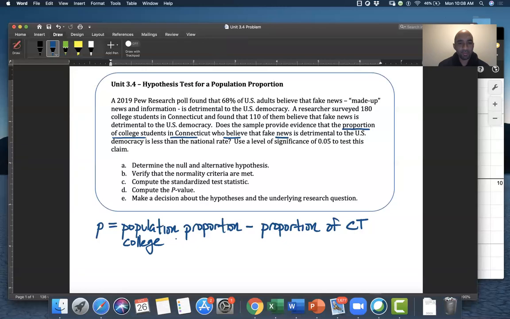Proportion of Connecticut college students who believe fake news is a problem for the United States democracy. Okay, so this is the unknown population proportion.